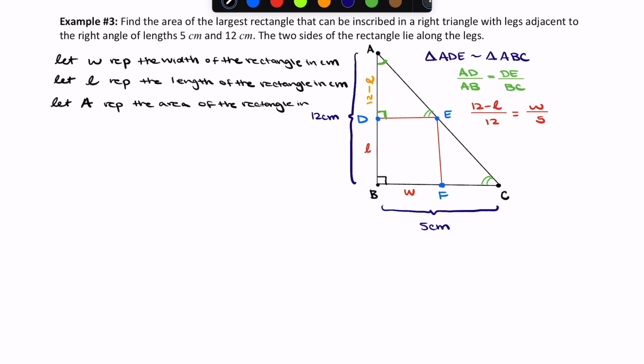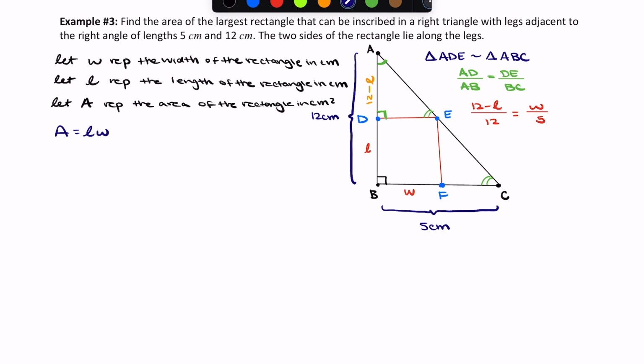And this is in centimeters squared. Okay, and so here, again, we know that the area is equal to length times width.